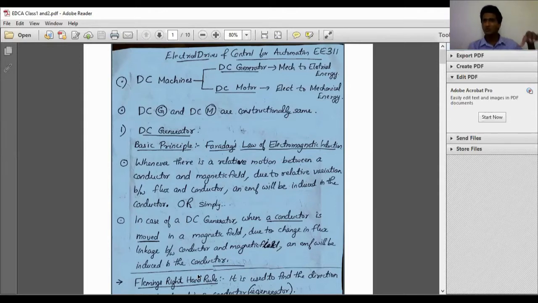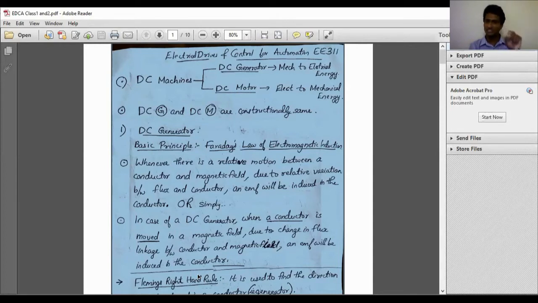Either I should move my conductor in the magnetic field, or keep the conductor stationary and move the magnetic field. Anyway, there should be a relative motion between conductor and magnetic field, so that the magnetic flux linkage is changed. Then an EMF will be induced in the conductor. That is what Faraday said.